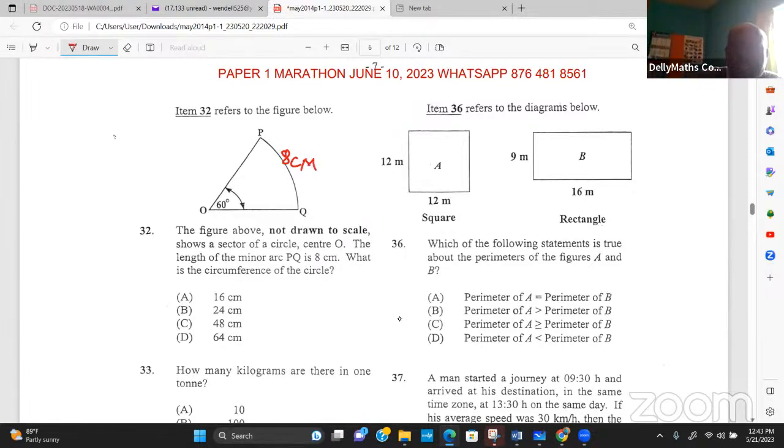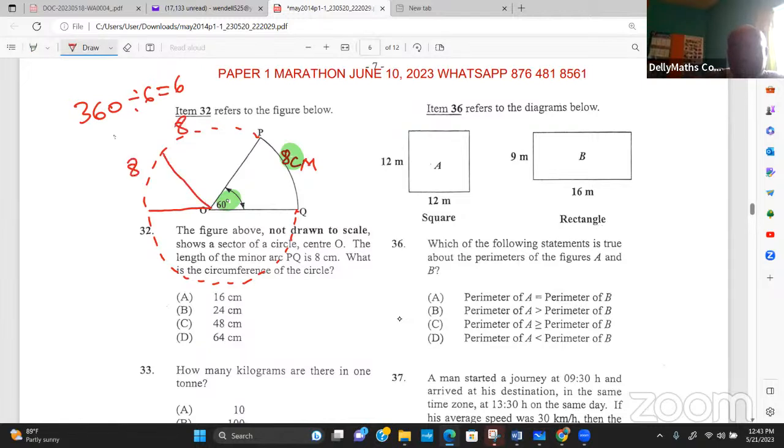So you know that this is going to go all the way around and come back here. You want to understand that a full circle is 360. So if I can figure out how many 60s I could get out of 360, each time I get 60, it's 8. If you divide 360 by 60, you'll get 6.